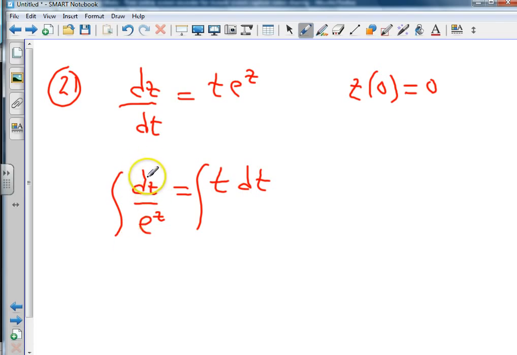Can you rewrite this? You're thinking ln still. No, same thing. That's e to the negative z dz. And then you know how to integrate e to the u, and it is a u-sub. Okay, here we go.